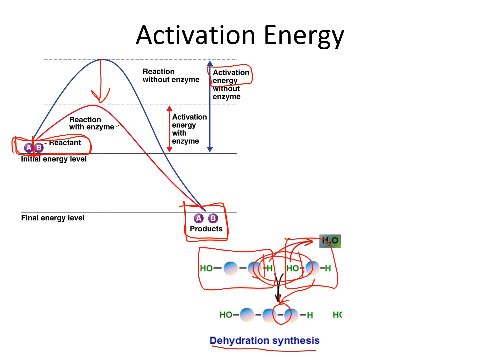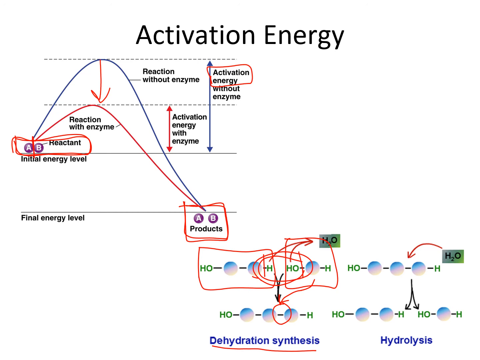So again, enzymes are going to lower the activation energy required for a reaction to occur. And the way they do this is destabilizing the covalent bonds. And they also hold the molecules in the correct orientation to facilitate forming the new correct covalent bond.